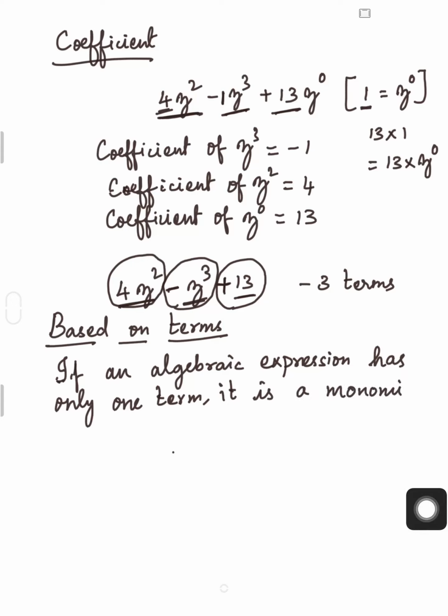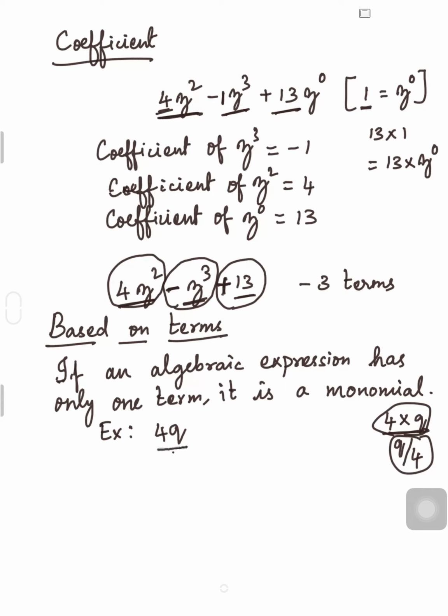Mono means single. Monomial. For example, 4q is only one term. Here 4q is nothing but 4 into q, but when it comes to multiplication, or if it is q by 4 division, it is not considered as two different terms. Only if it is separated by plus or minus, it is considered as different terms. So here 4q is only one term, so it is a monomial.